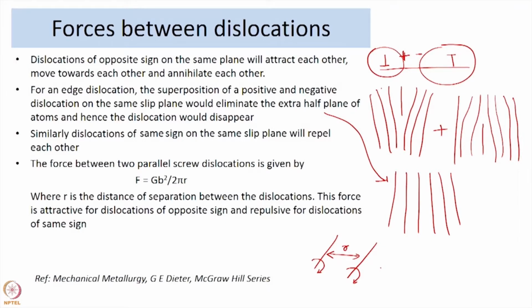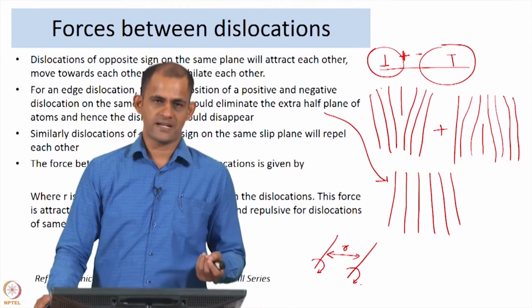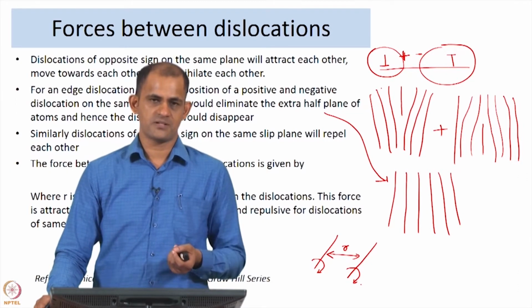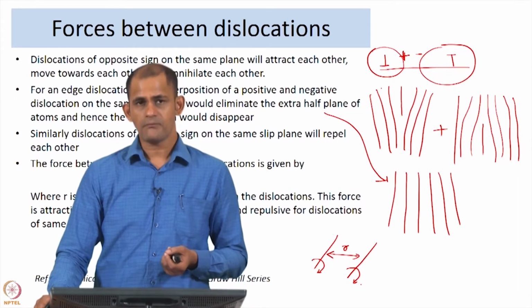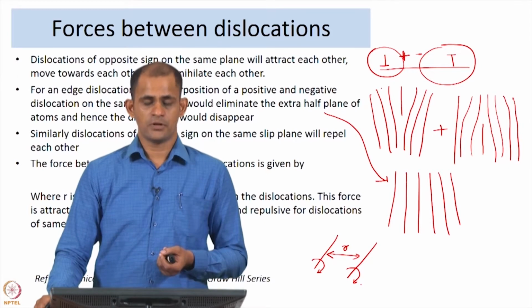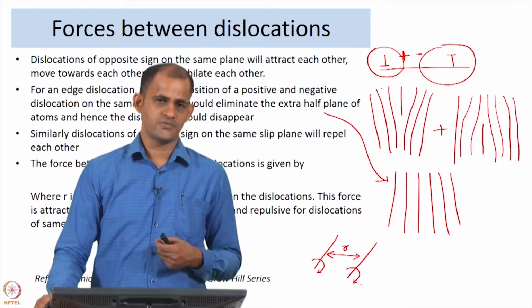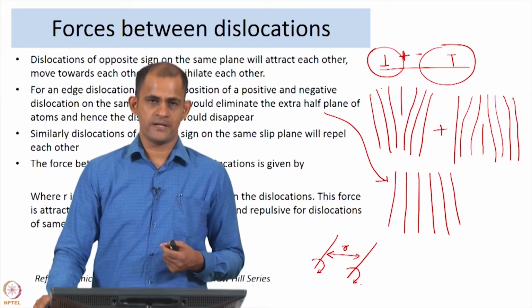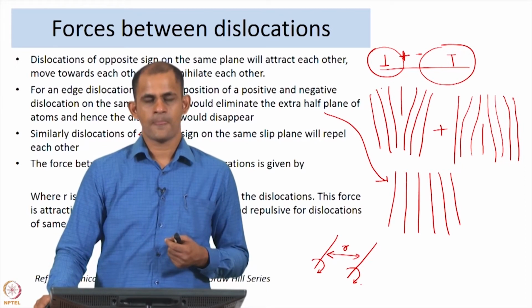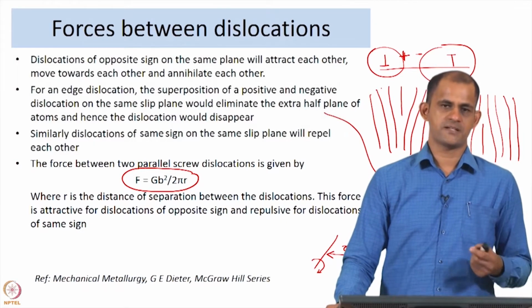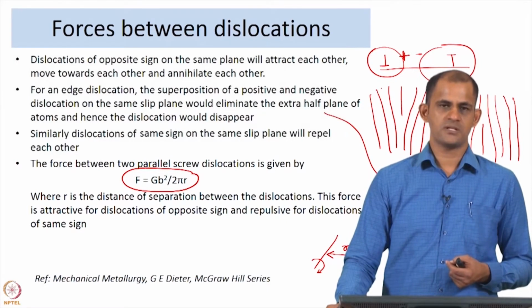Now, this was basically introducing you to some of the characteristics. We spoke about the force acting on a dislocation, how it depends on the shear stress as well as the Burgers vector of the dislocation, and we also talked about the stress field present around a dislocation and how the stress field leads to interaction forces between dislocations. We also talked about the energy of a dislocation and its dependence on the shear modulus.